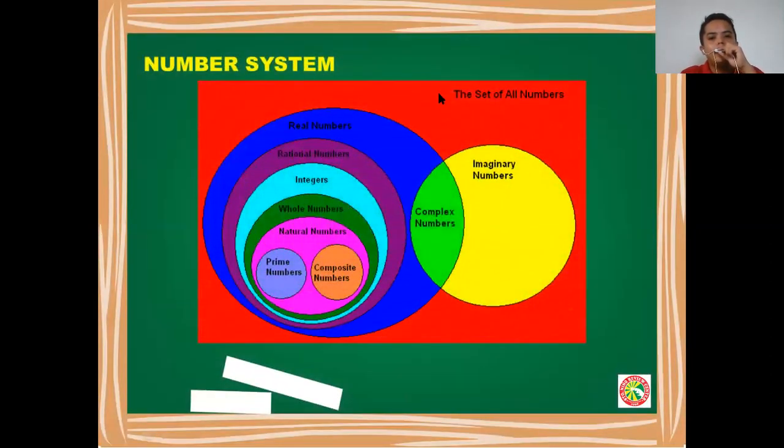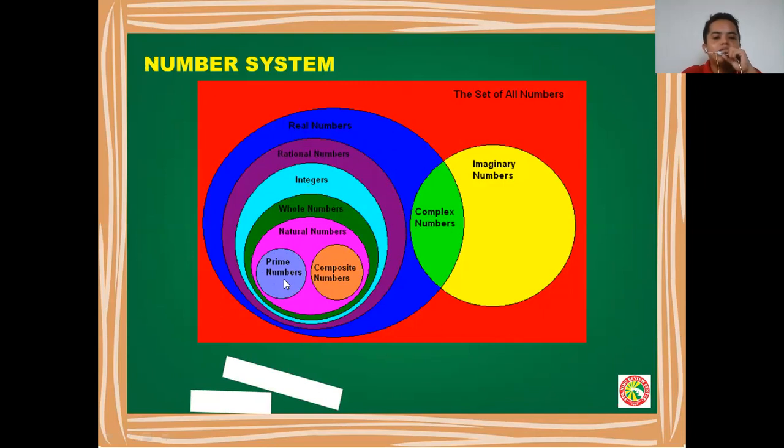Now, these are the set of all numbers. As you have noticed, the one that is in blue color is the composition of real numbers. Real numbers consist of rational numbers, integers, whole numbers, natural numbers, and prime numbers and composite numbers.